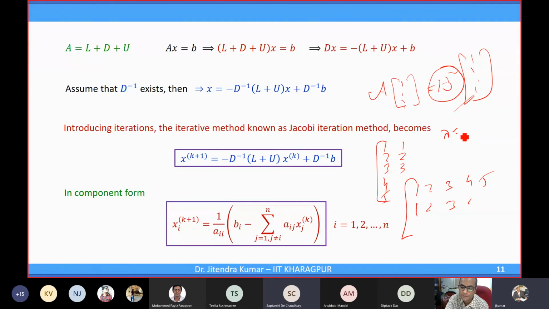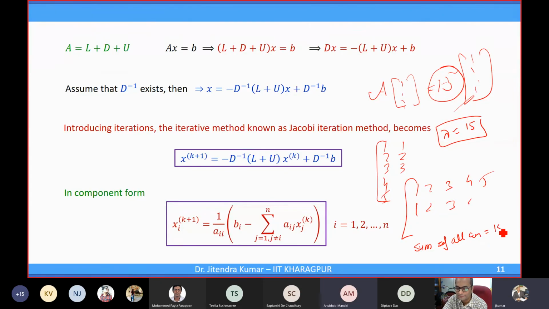It is 15. Is that okay? So one eigenvalue is 15. And what is the idea now? What is the sum of all eigenvalues? 15.